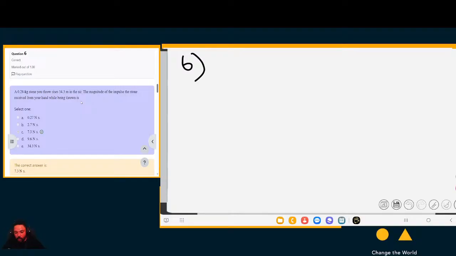So first of all, what is impulse? Impulse is equal to the force with which you move something and the time over which that force acts. So impulse is force times the change in time.